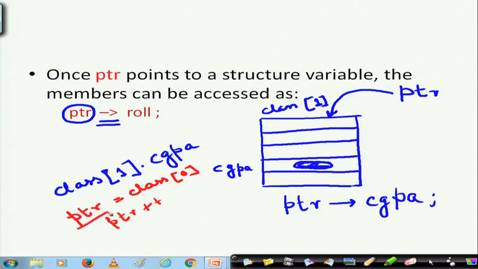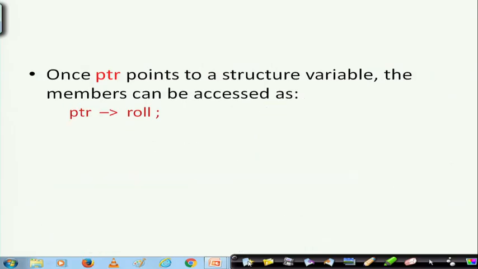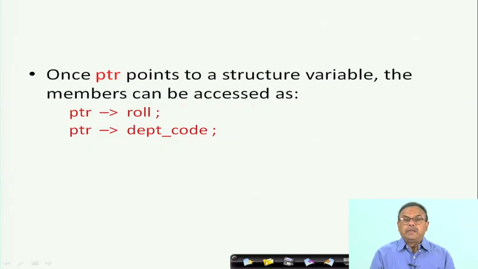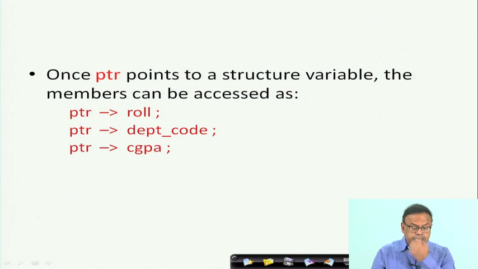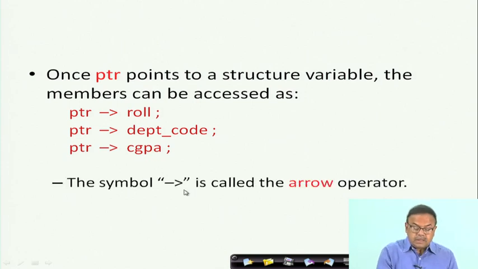That means, now where is PTR pointing to? PTR is pointing to class 1. So, I can also do PTR arrow CGPA. These two are equivalent. Okay. So, here also you can understand this. So, let us move ahead. Similarly, I can go to another field by PTR arrow department code. I can go PTR arrow CGPA, PTR arrow roll. This symbol is naturally called the arrow operator. Okay.